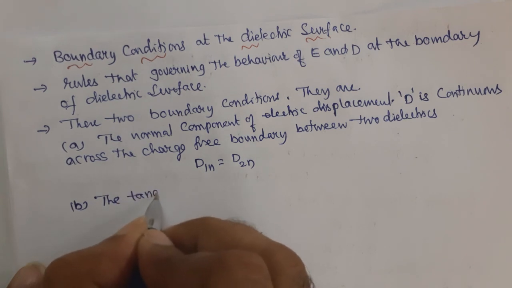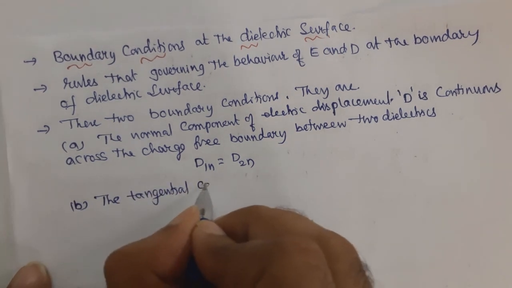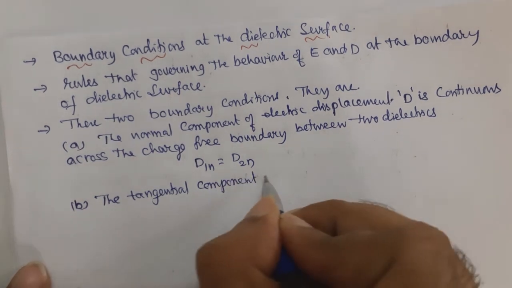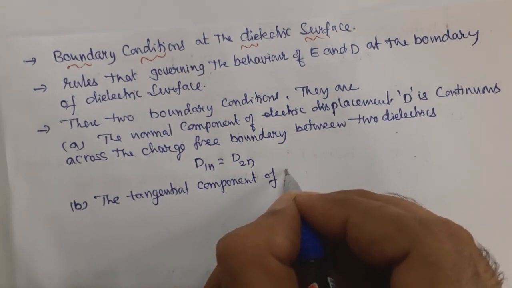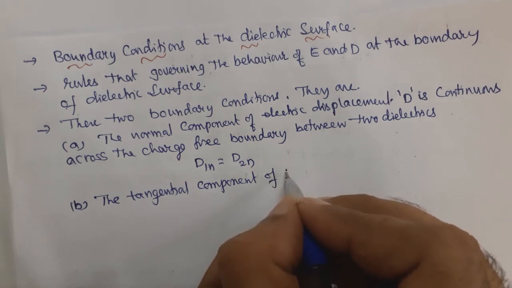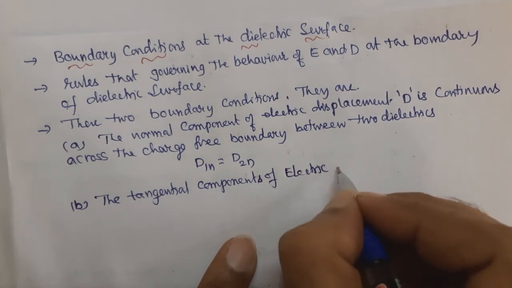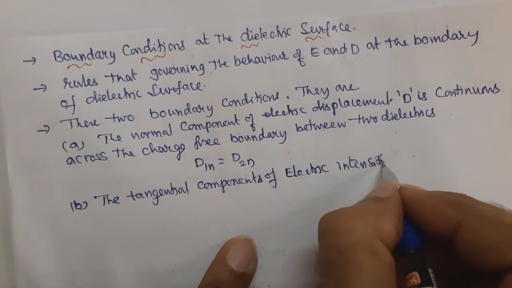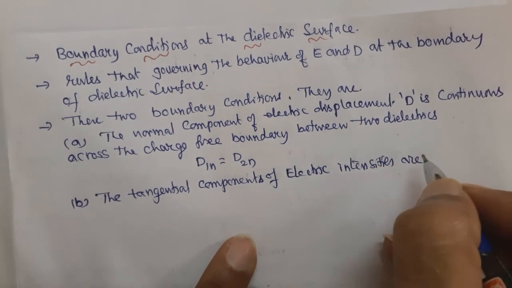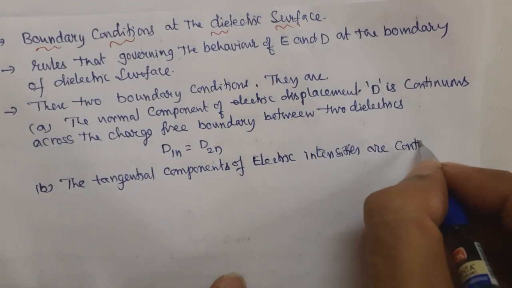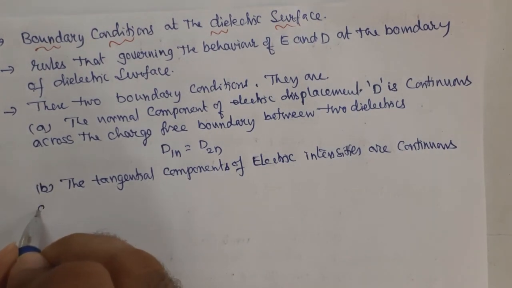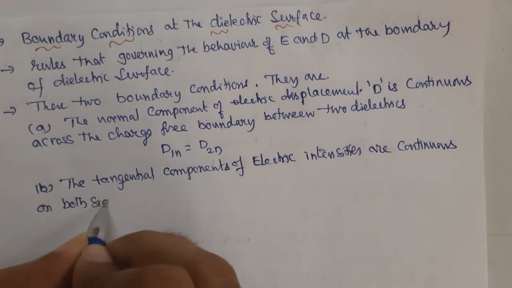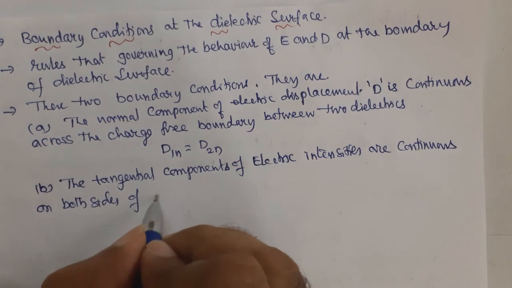The tangential components of electric intensities are continuous on both sides of the dielectrics.